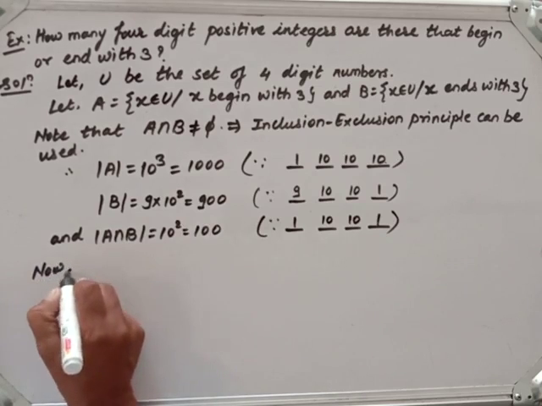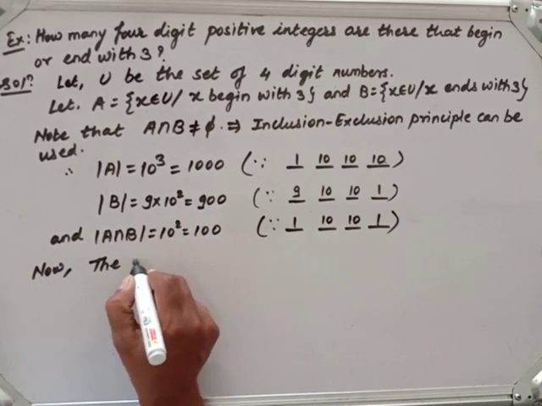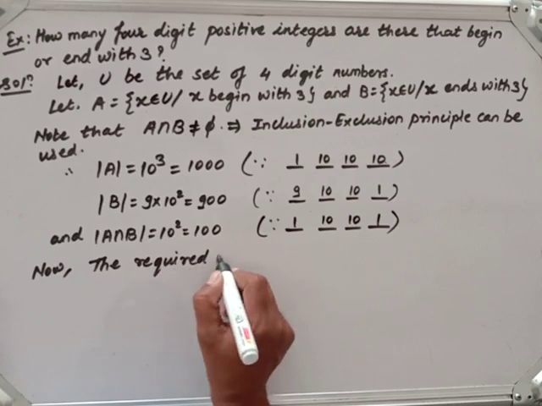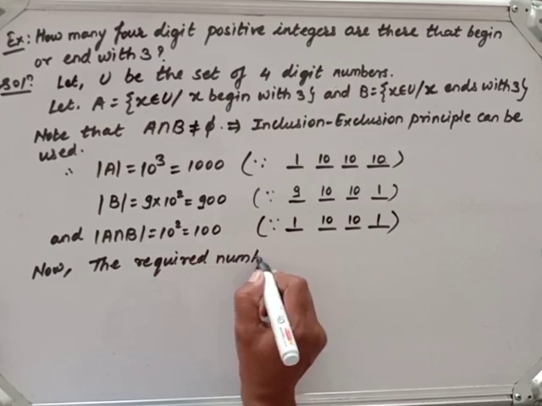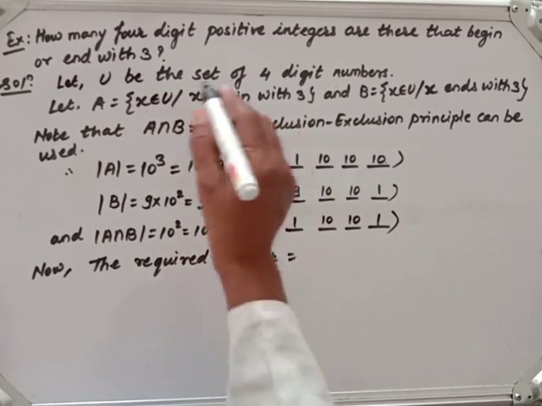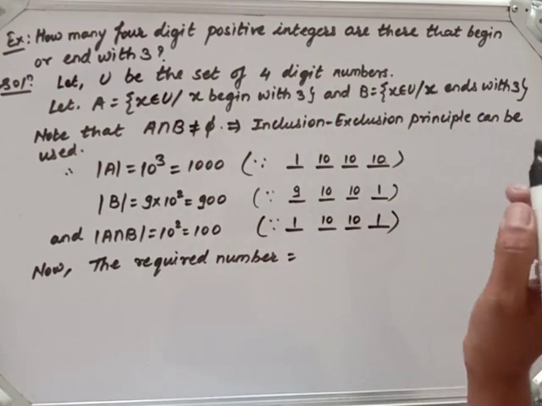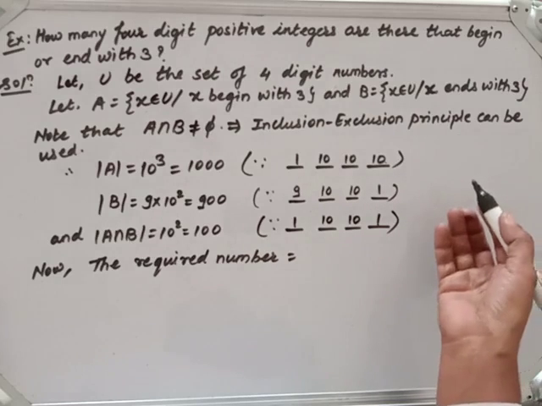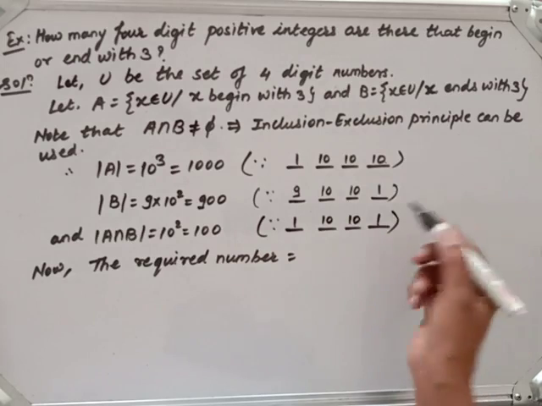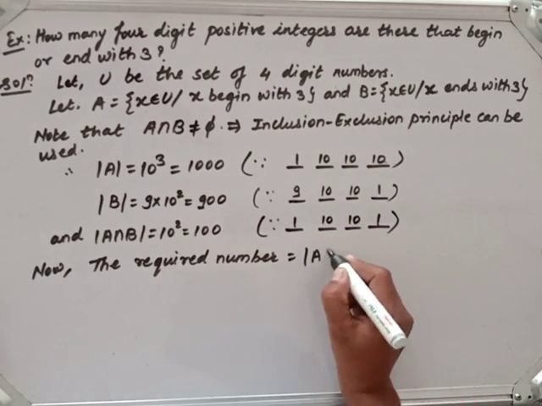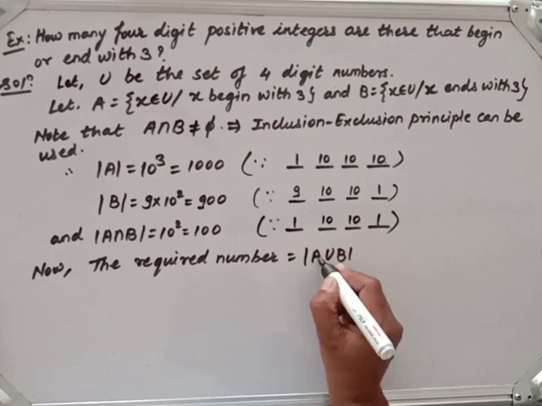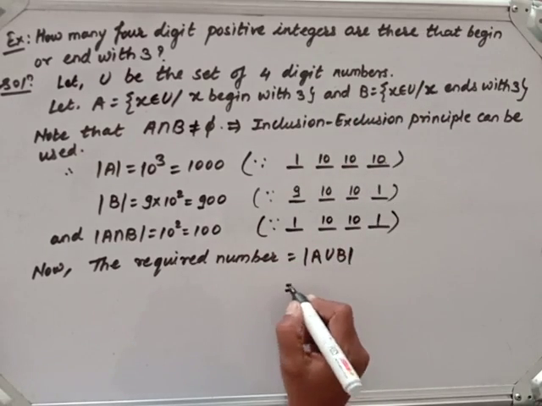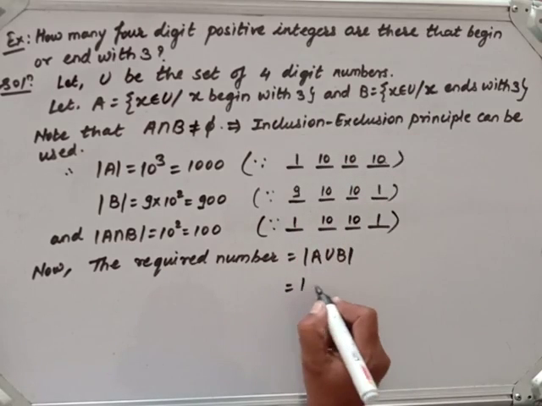Now the required number is, what is the required number? We have to determine the 4-digit positive integers that begin or end with 3, or both of them. So it is the cardinality of A union B. Let us use the inclusion exclusion principle.